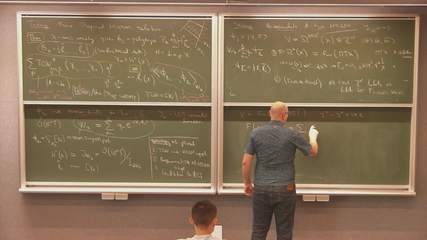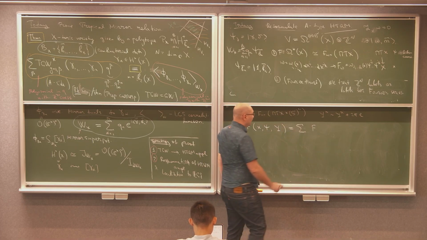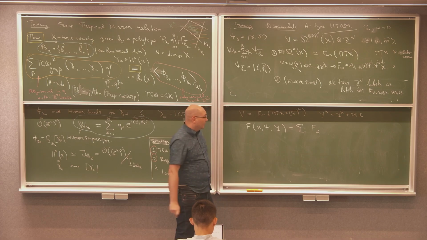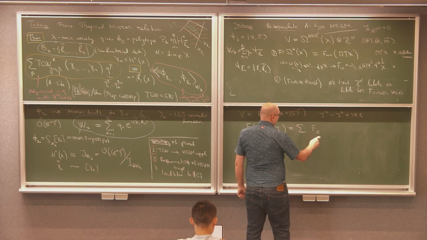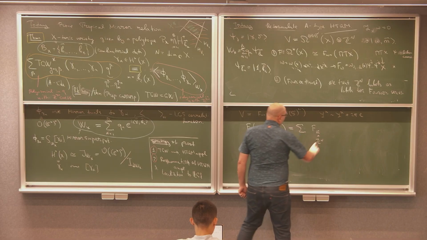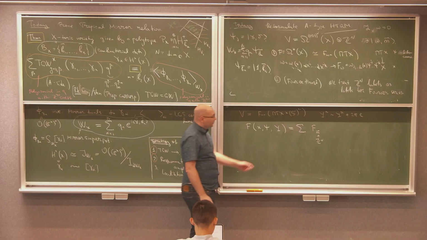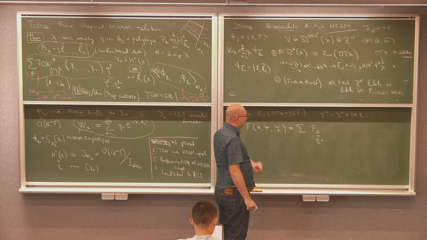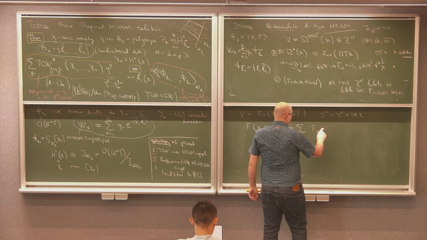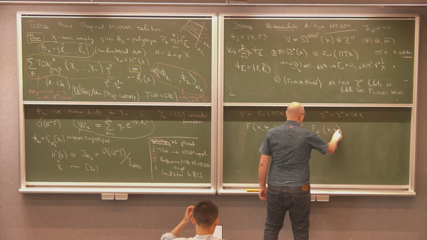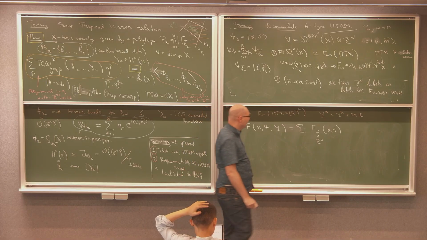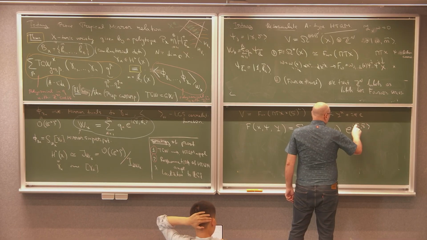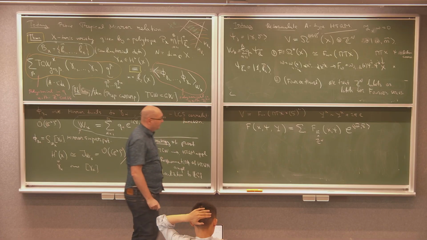Because we have multiple variables y, this Fourier series will be labeled by an integer vector in an n-dimensional lattice. So for each variable y, we have its own integer number labeling Fourier harmonics. Once again, the Fourier harmonics will depend on x and psi, and here will be e to the i n times y, over the n variables y.